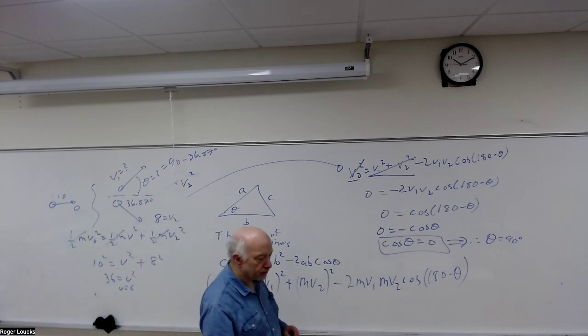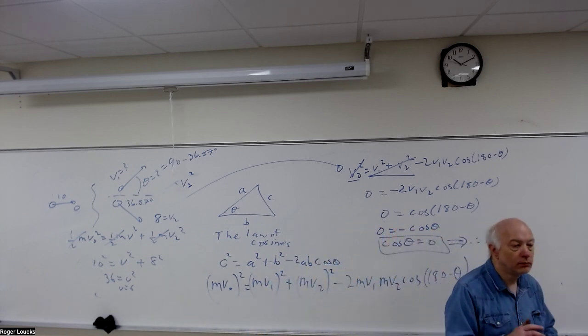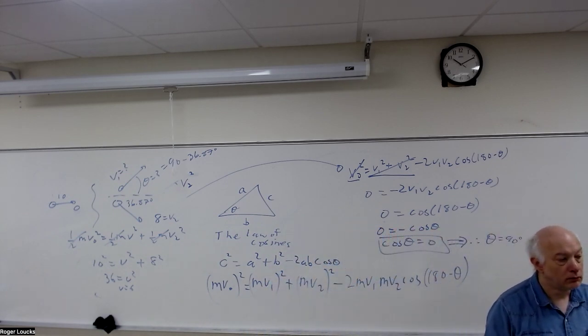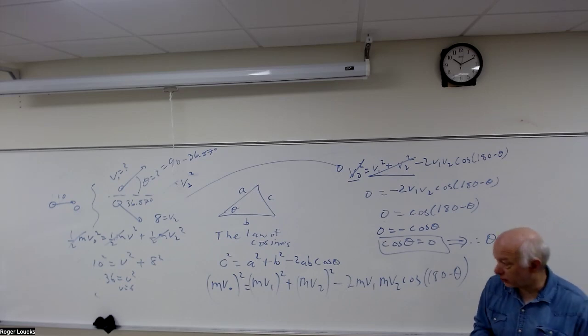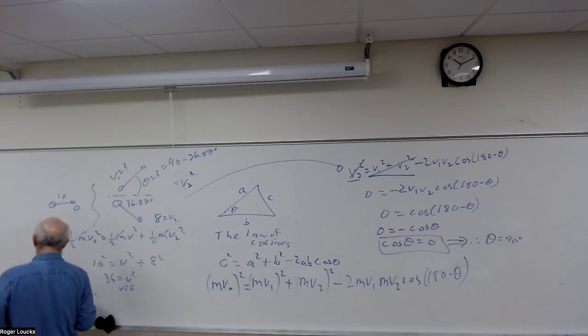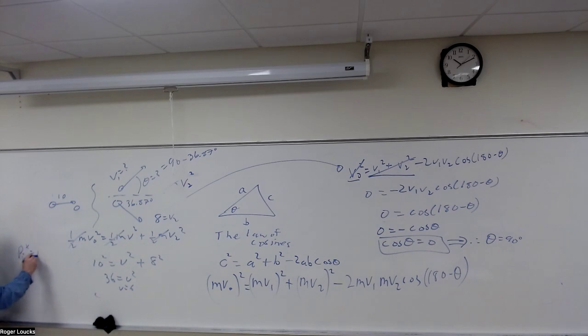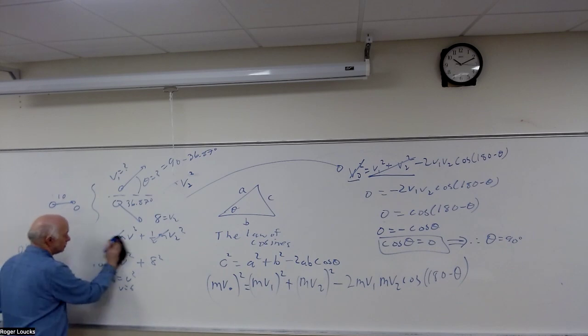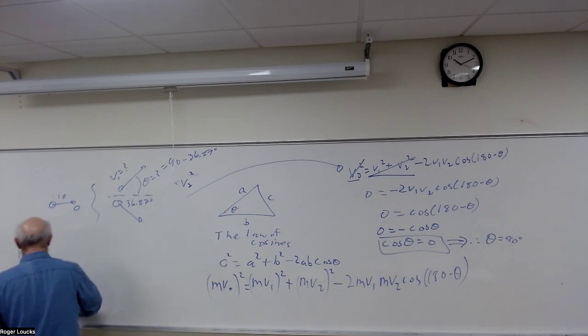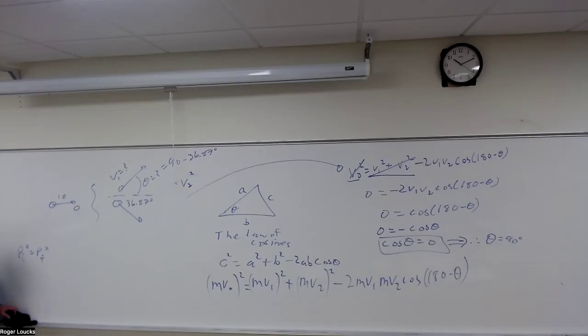What's another way you could do this? That's the easiest, but another way is conservation of momentum, breaking up into X and Y components. I could say P initial X equals P final X. Does that make sense? P initial X is M times 10.